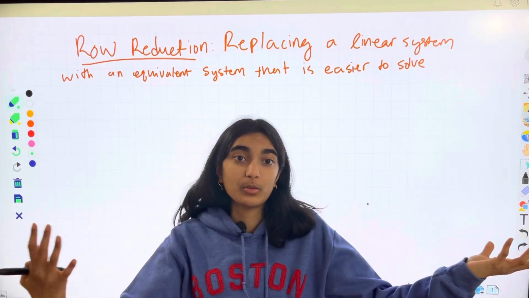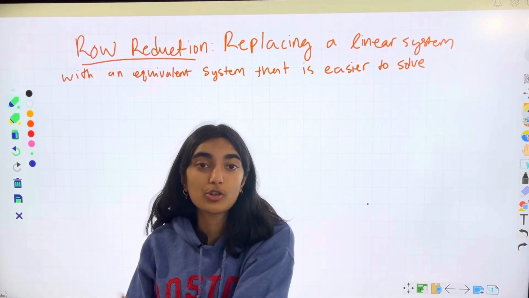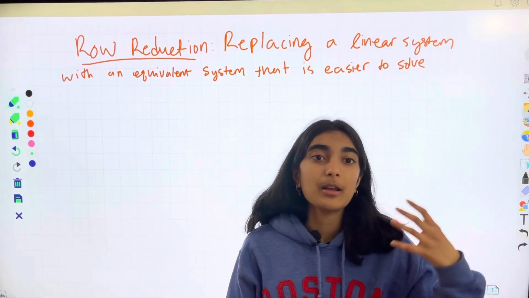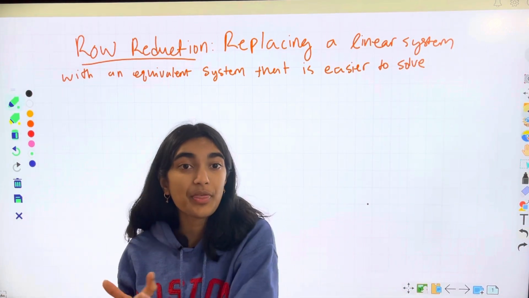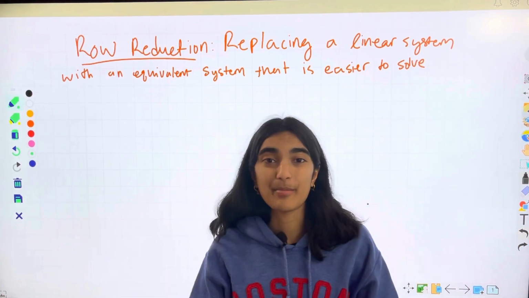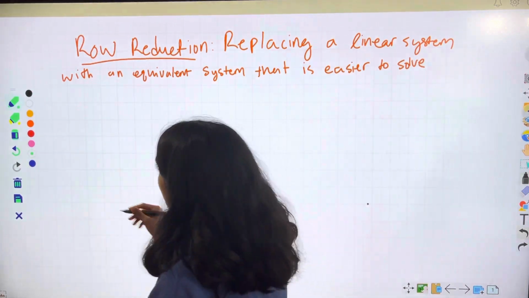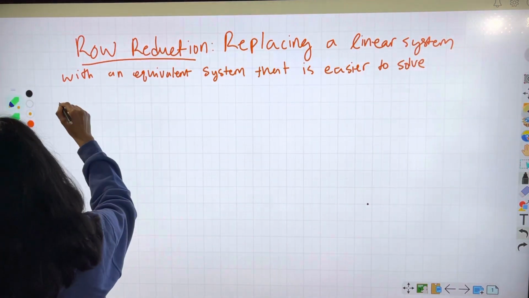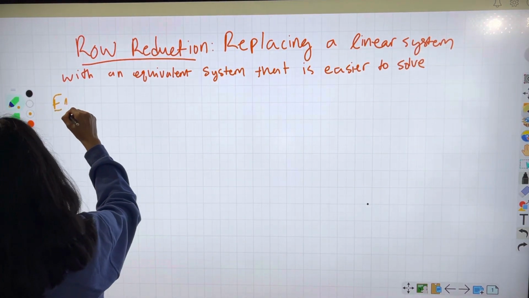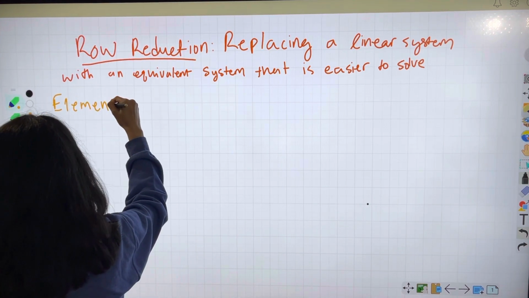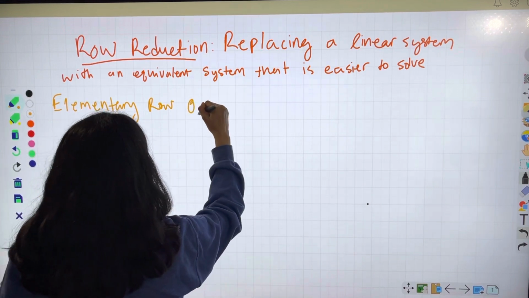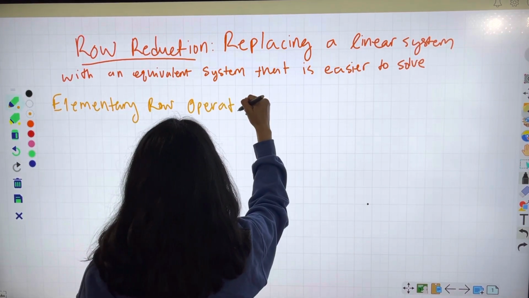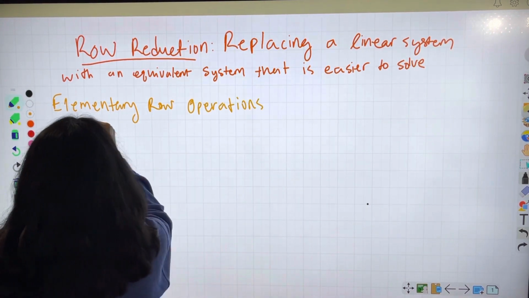Although they're equal, we need to show that they're equal and then arrive at a solution. And the operations that we take to get there are called elementary row operations.